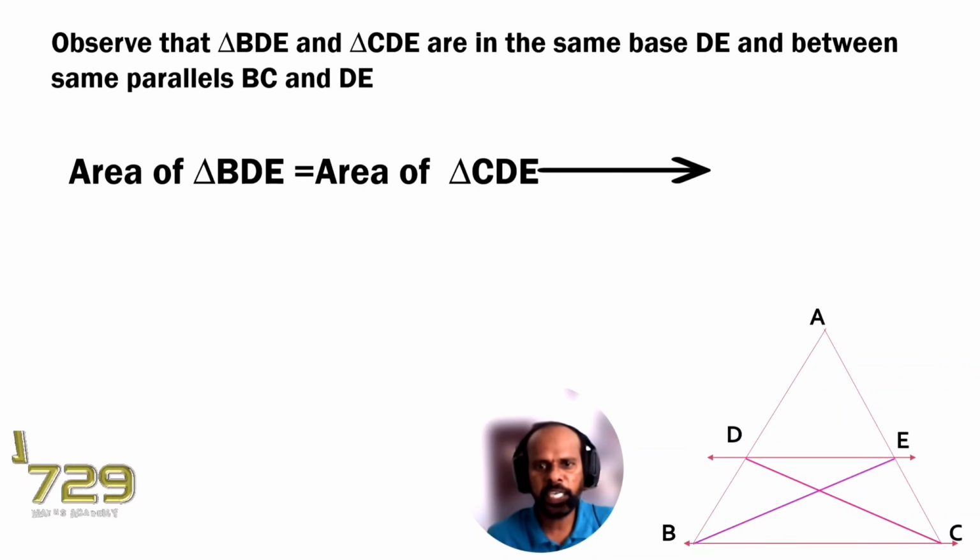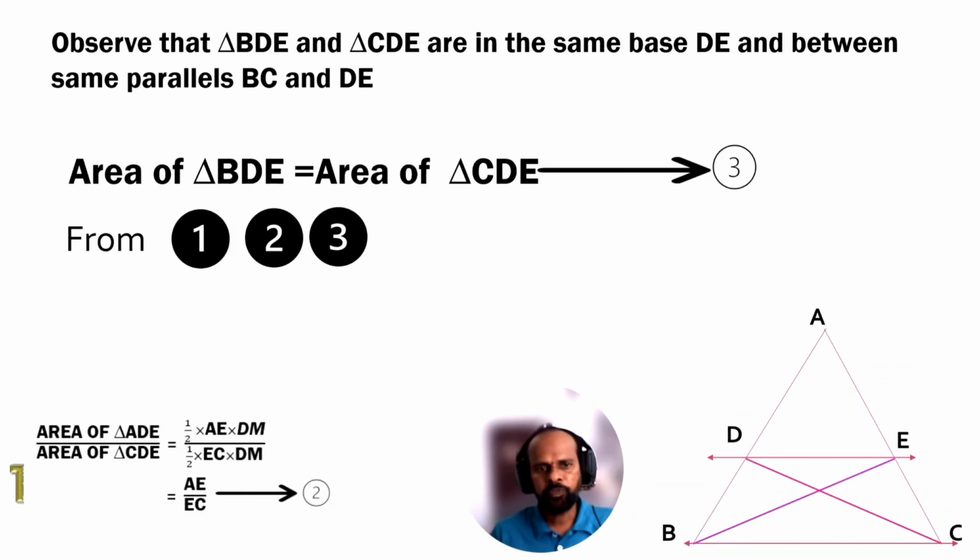If two triangles are drawn between the same parallel lines, then the areas of these two triangles are always equal. So this concept you should understand. That is why I have written here: area of BDE is equal to area of CDE. If the areas of BDE and CDE are equal, we get one more result, which we name as the third one.